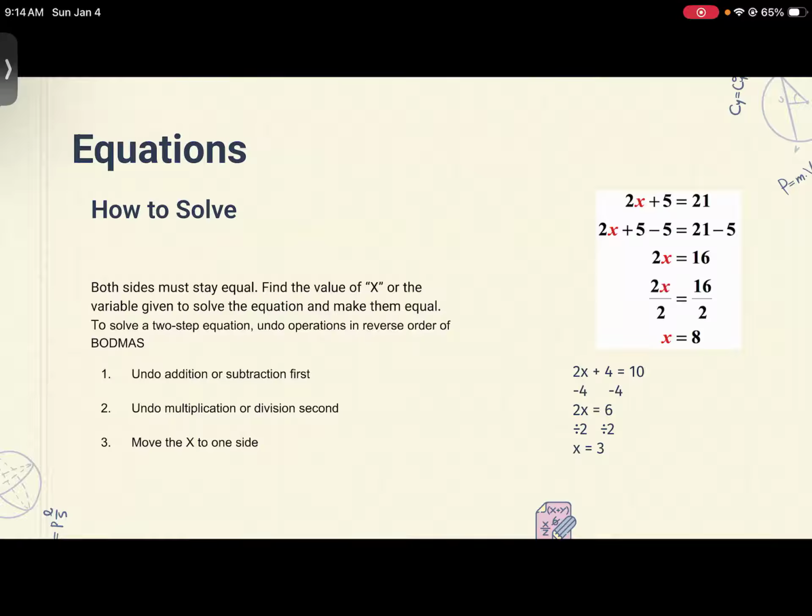And then if we look at the bottom one, we do the undo addition or subtraction first. So if we are adding 4, we would undo it by subtracting 4, similar to one-step equations. This would leave us with 2x equals 6, and then this would make it x is equal to 3.